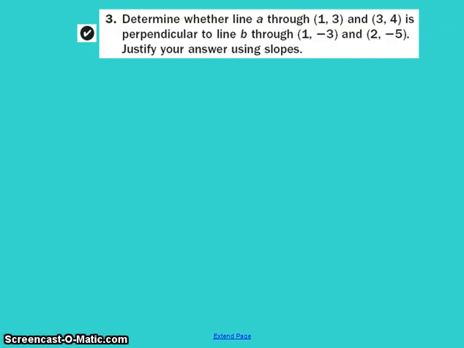Determining whether line A, going through those 2 points, is perpendicular to the line going through those points. Remember, we just need slope. I don't need a full equation to compare these. I just need the slope. So line A, the slope would be (4 minus 3) over (3 minus 1).